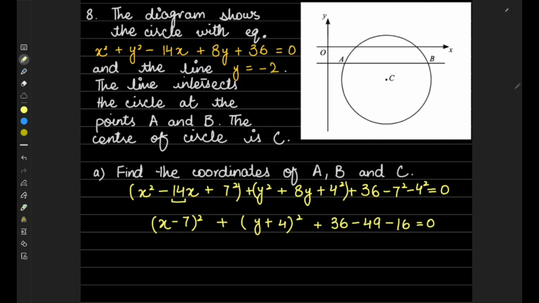Adding this up, minus 49 minus 16 will be minus 65, and plus 36 will give you minus 29. To make it into the standard form, we can take this 29 to the other side.